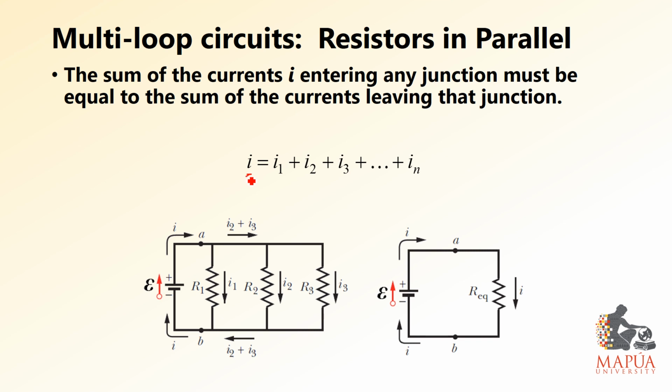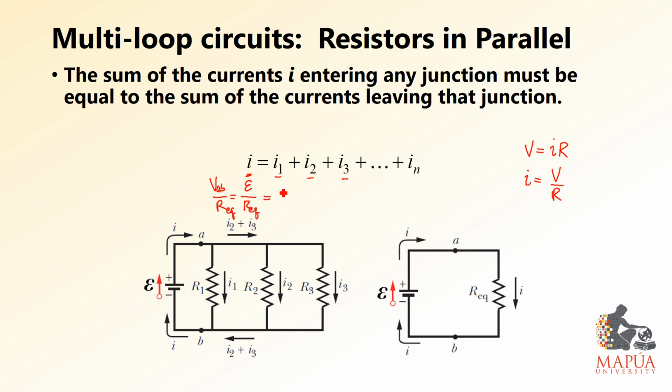So all in all, if I is the total current in the circuit, it is equal to the current flowing through R1 plus the current through R2 plus the current through R3, etc. Again, by Ohm's law, V equals IR, or I is equal to V over R. If I is the total current flowing in the circuit, as if this circuit is equivalent to a single loop circuit with one resistor and one battery, then this is E over R, or sometimes V AB over R, equivalent.